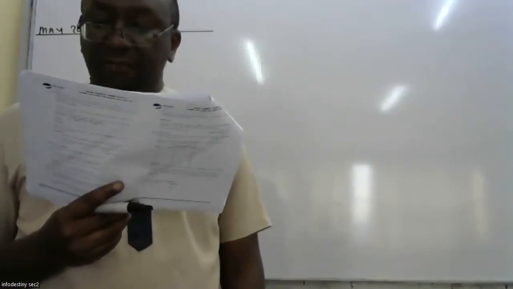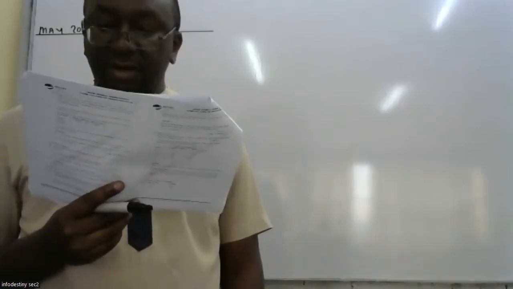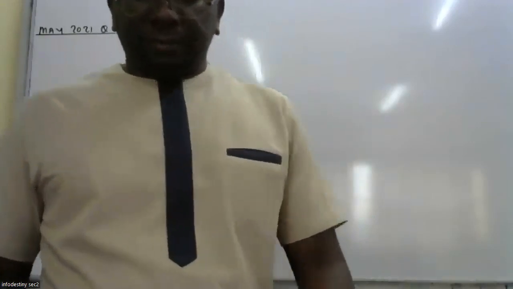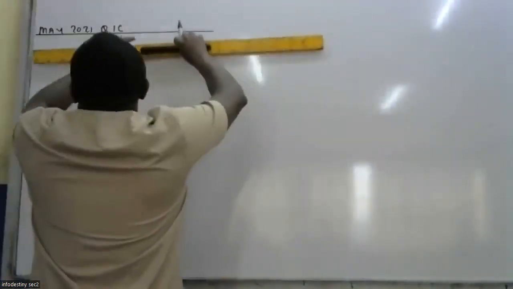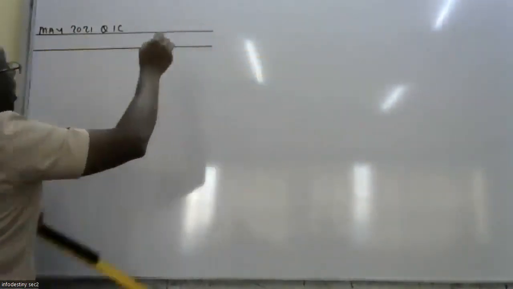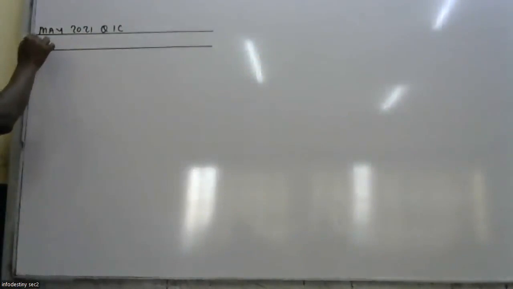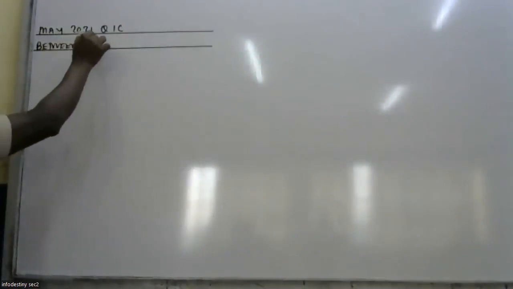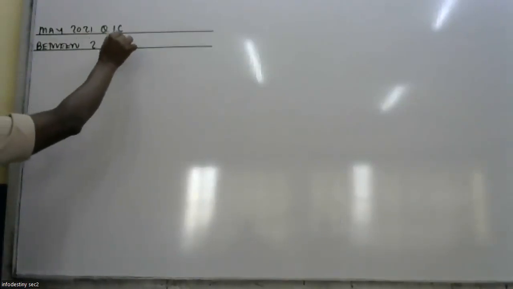So get the probability that a randomly selected student from the university has a mean grade point of between 2 and 3. So that one I want you to do on your own. Follow the procedure we have had, then you give me the answer. Between 2 and 3.